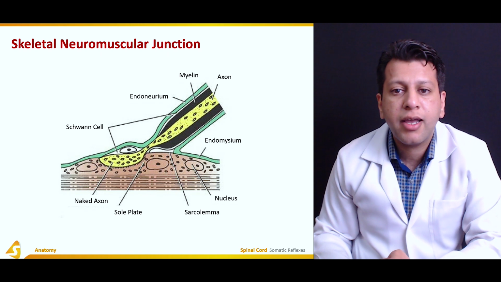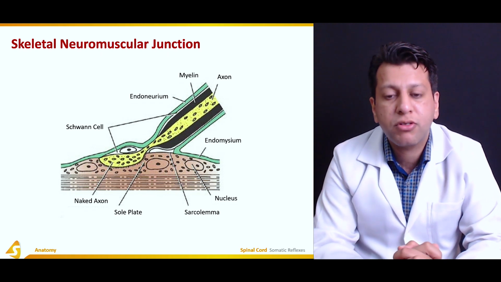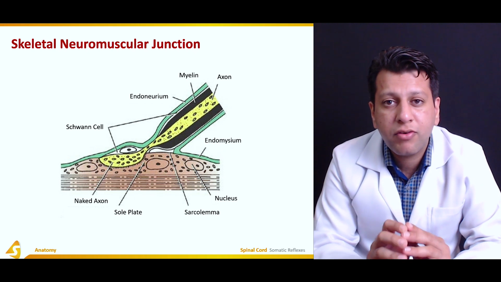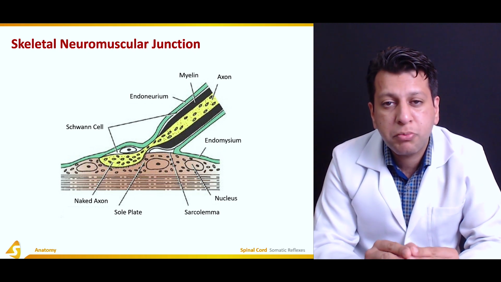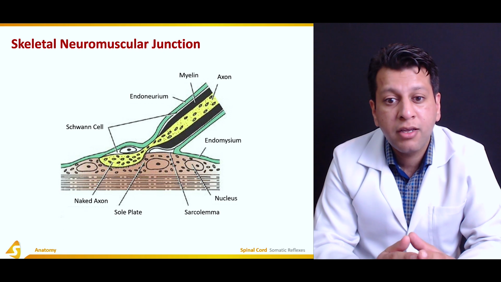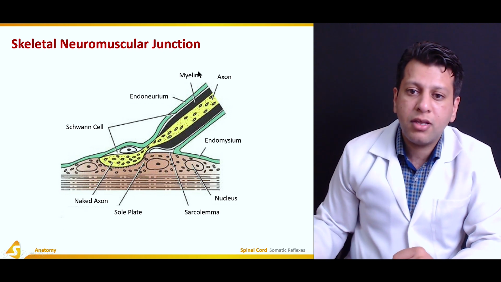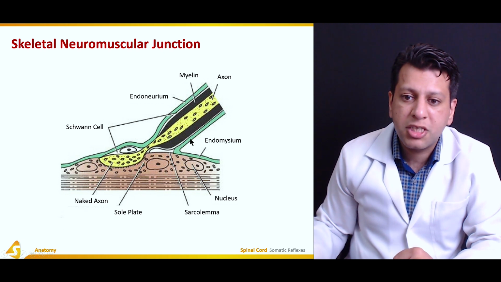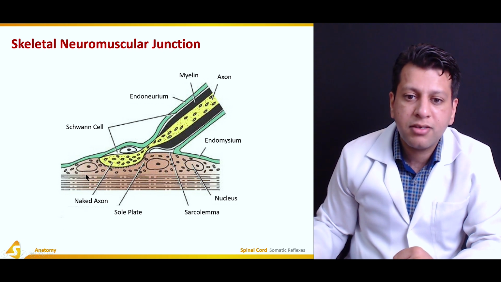So this is a diagram just showing a skeletal neuromuscular junction. When the spinal nerve, a peripheral nerve, reaches the muscle, it spreads out to form a foot end plate, in which this is the axon of the nerve which is coming in. It spreads out to form a foot end plate, and this is the point where the naked axon is there. Now this is the point of synapse.